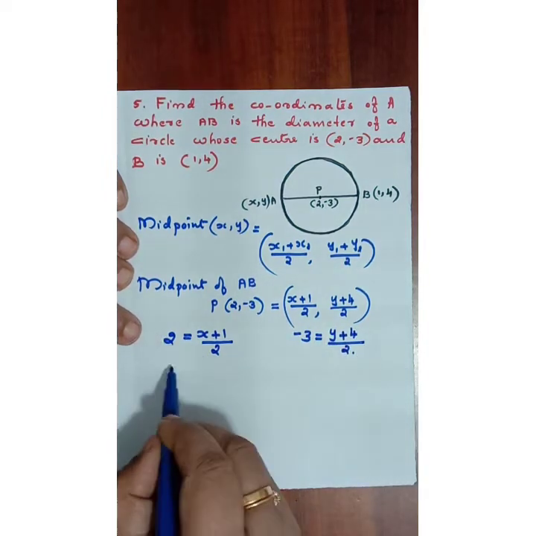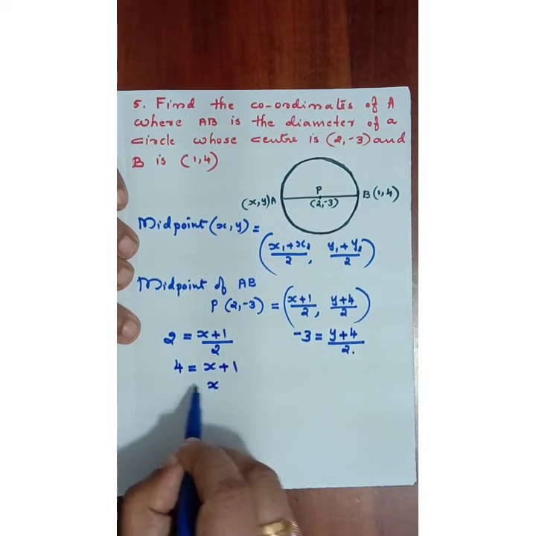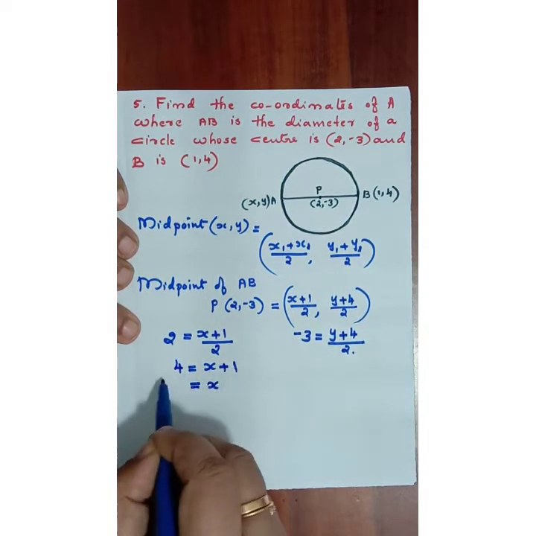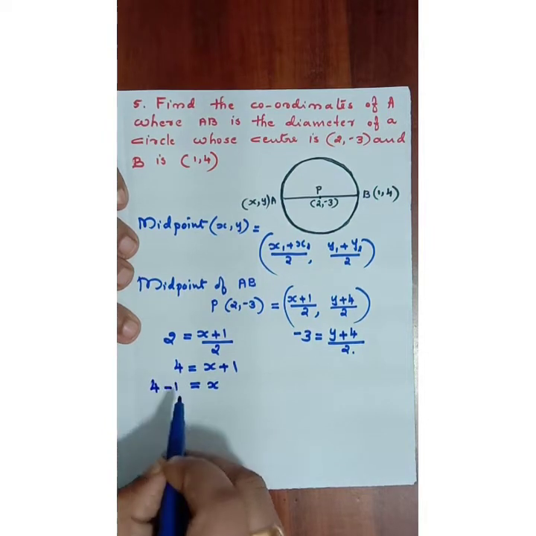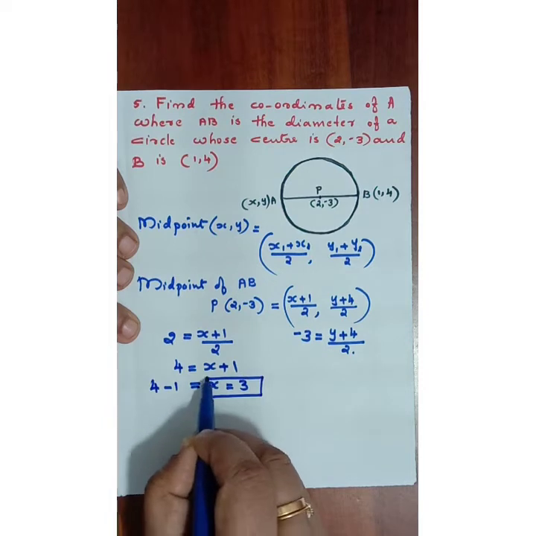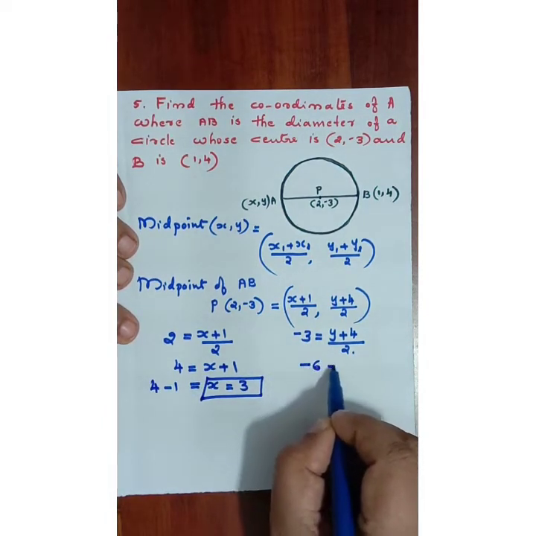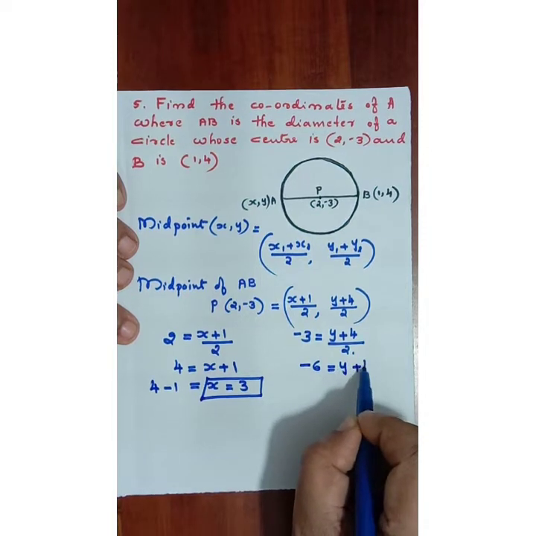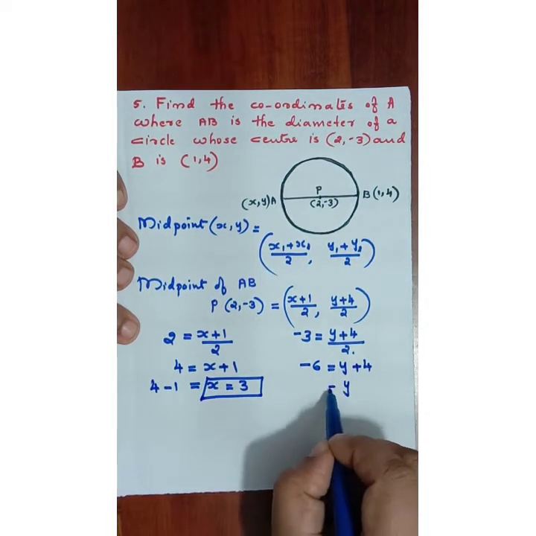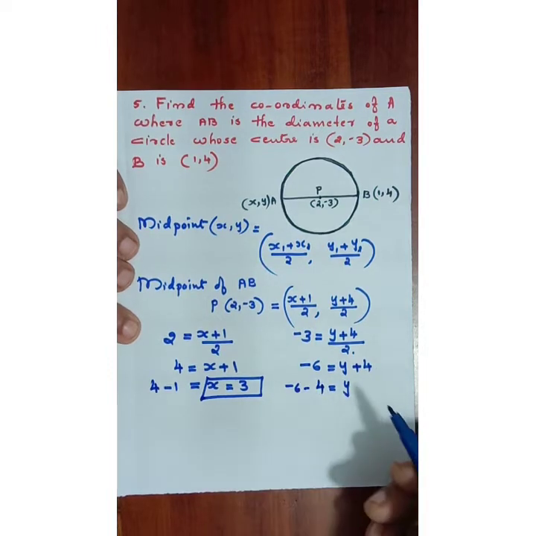Here you can cross multiply. 4 is equal to x plus 1. So x is equal to 4 minus 1. What is 4 minus 1? Isn't it equal to 3? So x is equal to 3. And look at this. Cross multiply. We get negative 6 equal to y plus 4. What is y equal to? Negative 6 already there. Positive 4 becomes negative 4.